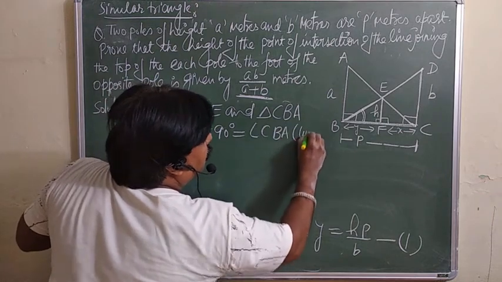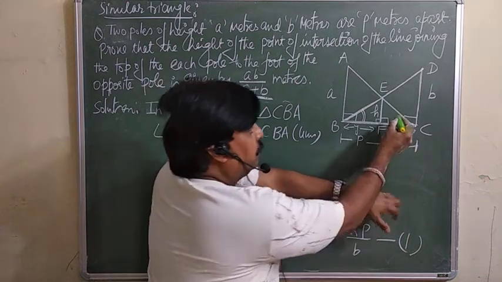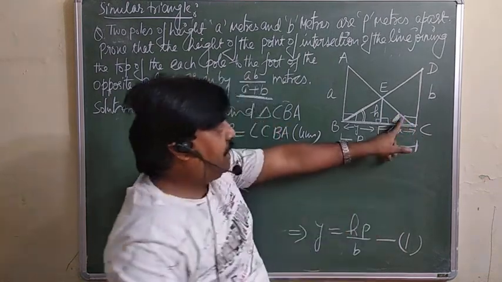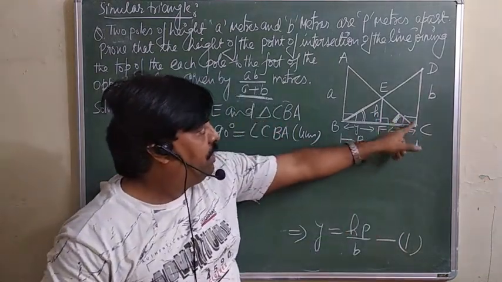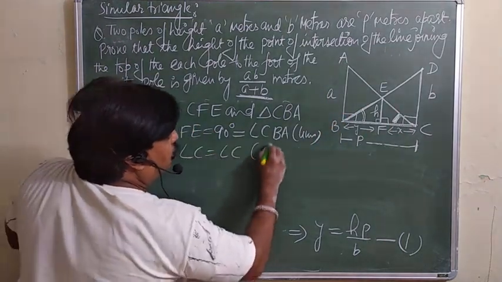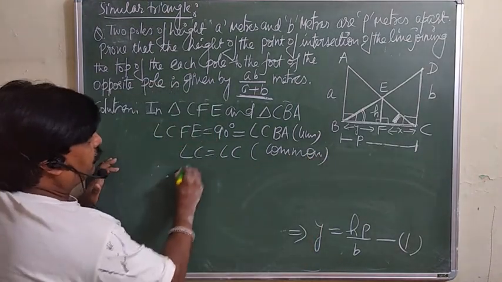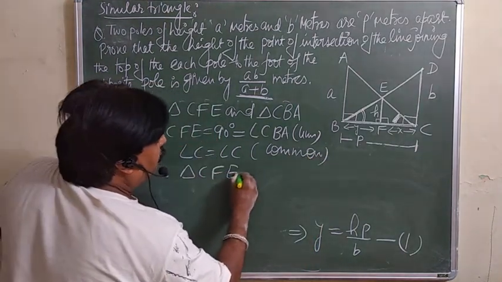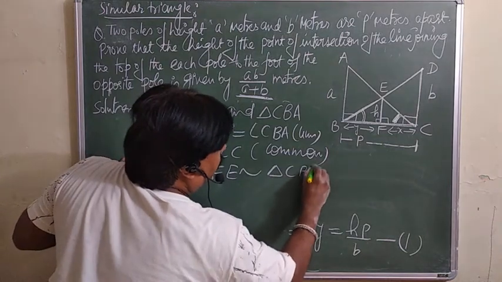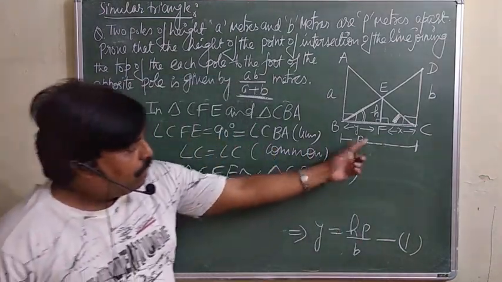This is already given. And in these two triangles, angle C is common. Therefore triangle CFE is similar to triangle CBA, by the same reason, AAA similarity.